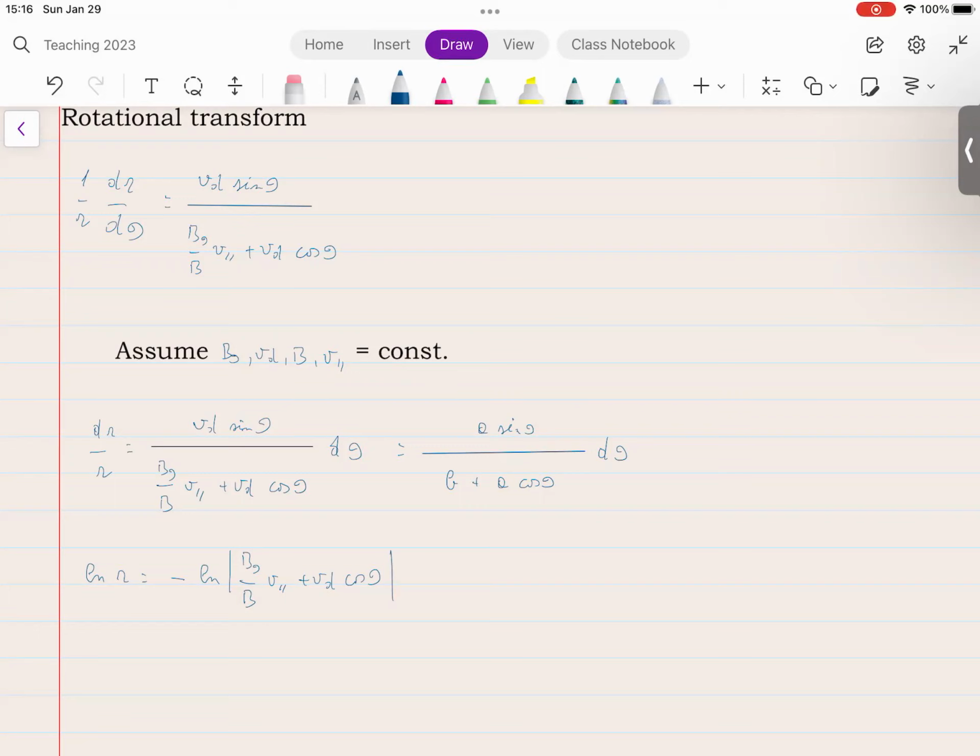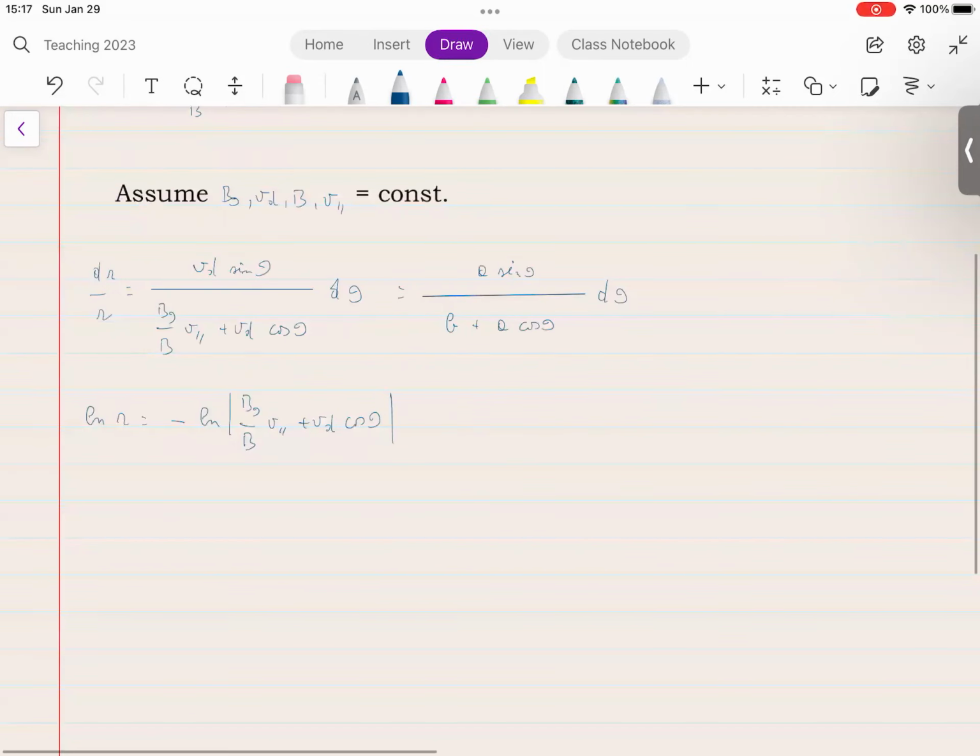Then we can set a reference value of R for any angle that we like.